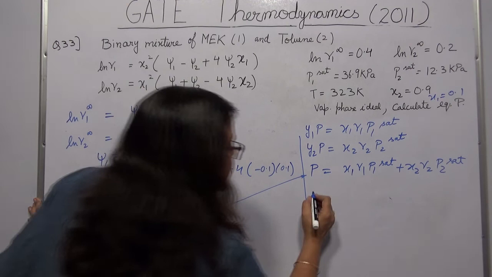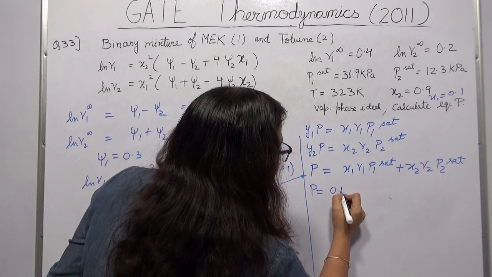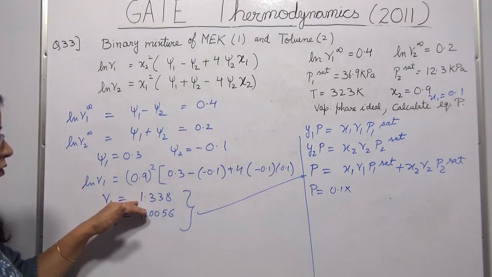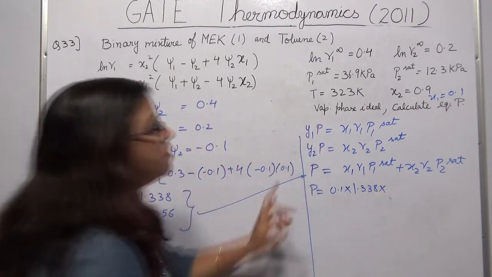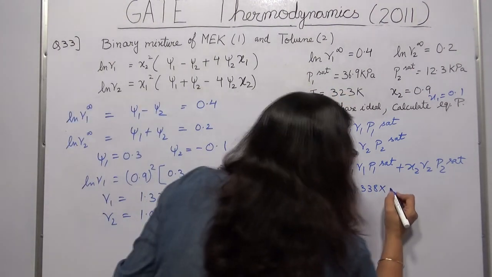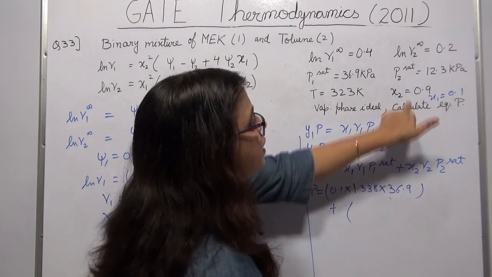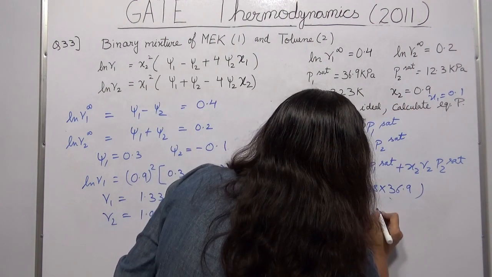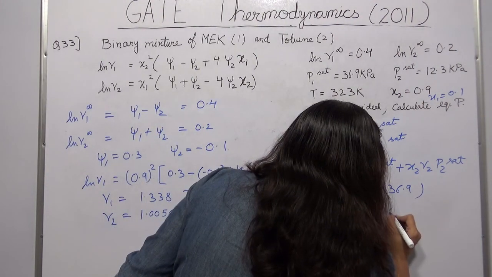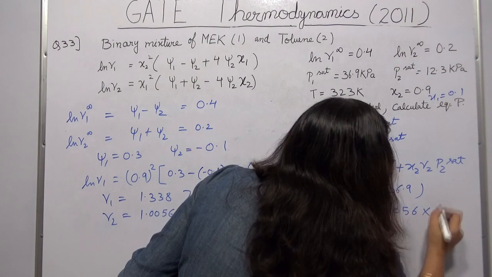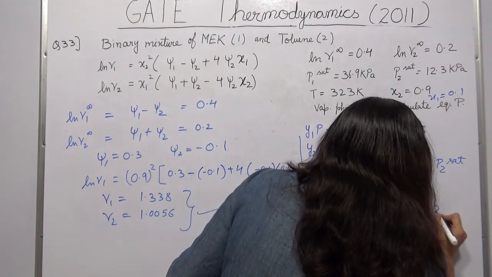Now what you have to do is put these values in this equation and find out the equilibrium pressure. If you do that, you get pressure that is equal to x1. What is x1? 0.1 times gamma 1, 1.338, times P1 saturation, that is 36.9, plus x2, that is 0.9, multiply it with gamma 2, that is 1.0056, multiply it with P2 saturation, that is 12.3 kilopascals.